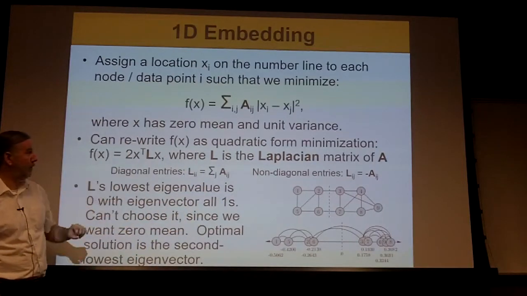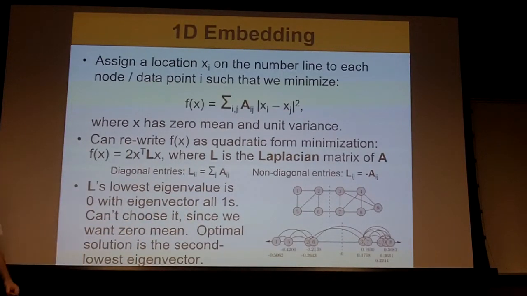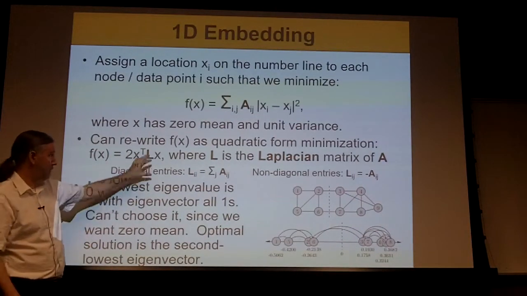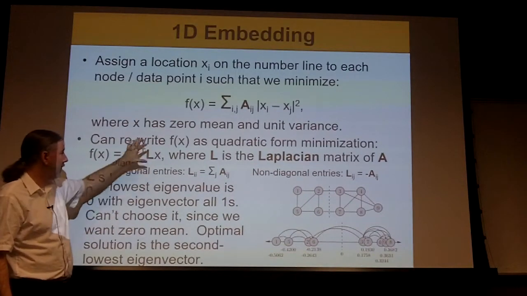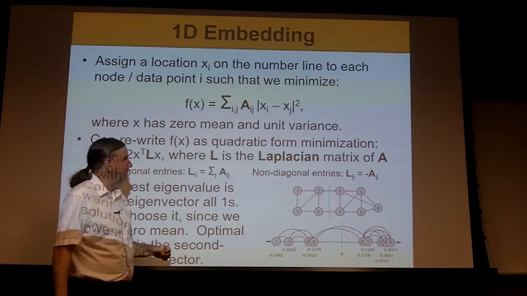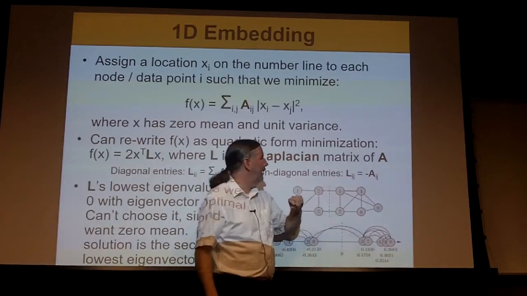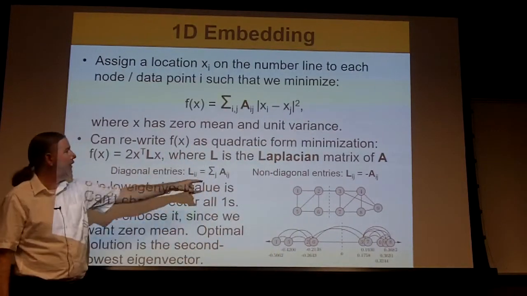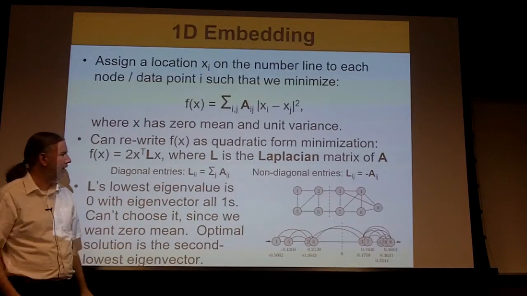The Laplacian shows up a lot. It's a very famous matrix in eigenvector-based, especially analysis of data. But it shows up in a surprising number of places. It's a very, very powerful notion. It's a simple matrix. It's basically like negative A, except the diagonals are the row sums of A. That's the definition of the Laplacian.